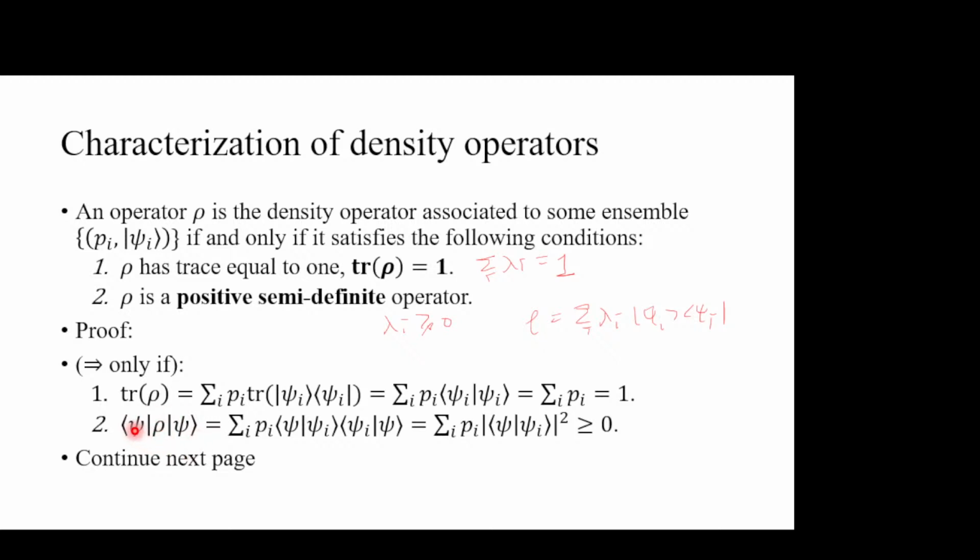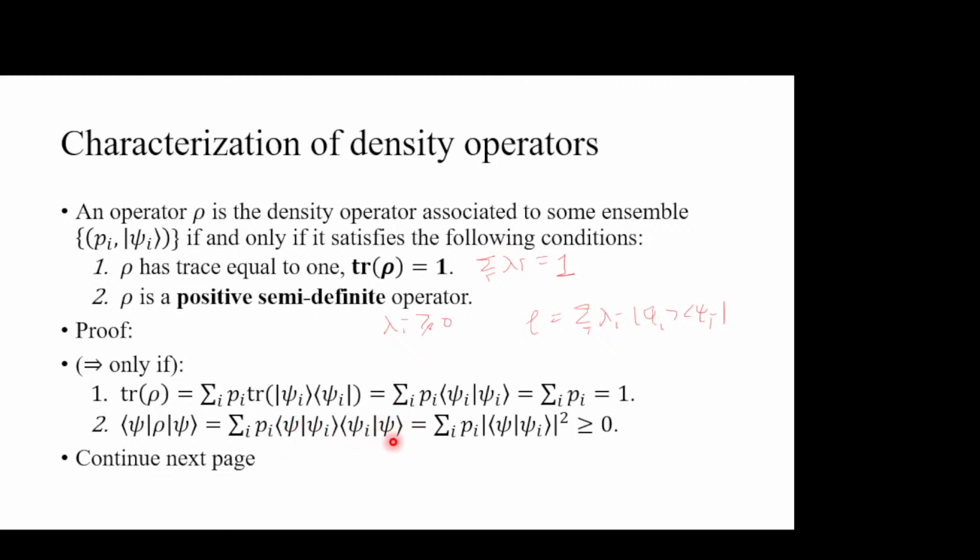Then the second thing says that rho is a positive semi-definite operator. That means if you sandwich rho with any vector psi, it should be greater or equal to 0. Once again, we just plug in by brute force. So rho is this summation of p_i, psi i psi i, and you sandwich with psi. The summation and the p_i are linear, so you can put this psi inside to the actual matrix part. So you have the inner product between psi and psi i, and psi i with psi.